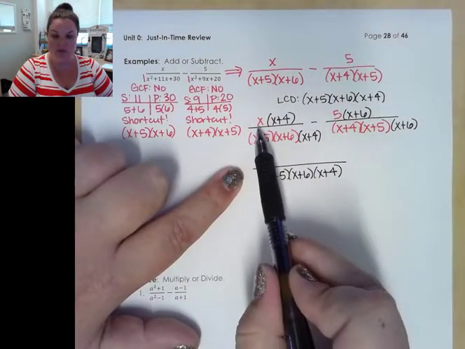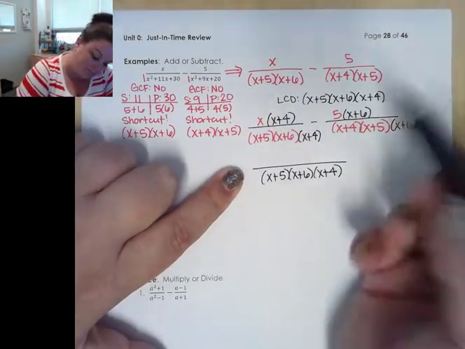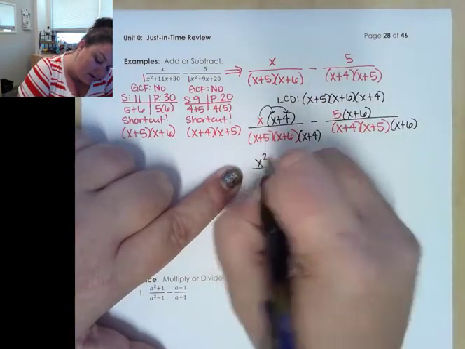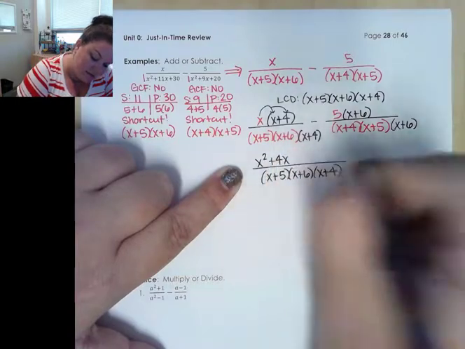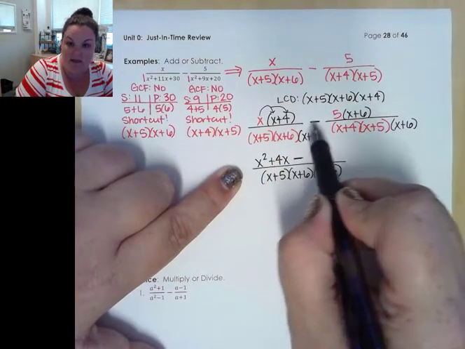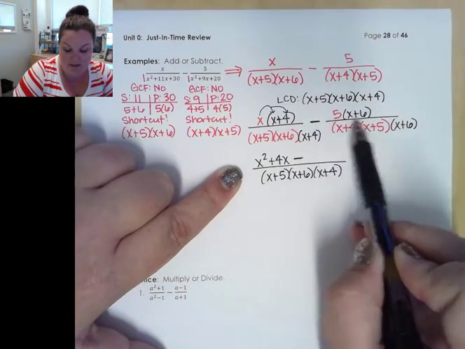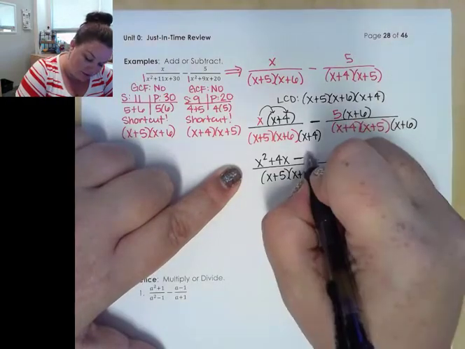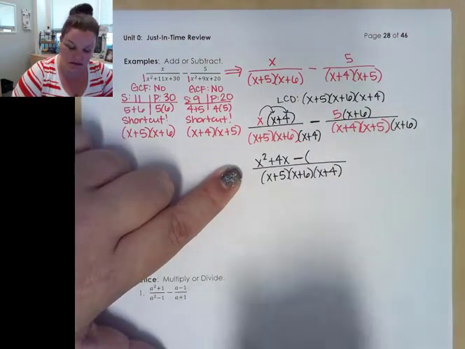So I'm just going to write the numerator from this one, which I'm going to go ahead and distribute this x. So I get x squared plus 4x, and then I'm subtracting. Now notice, whenever you're subtracting, that means you're going to subtract everything that is in this numerator. So if there's more than one term there, be sure you use parentheses. Okay.